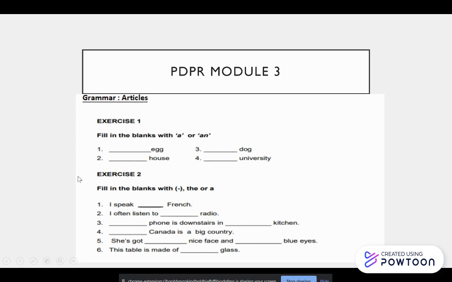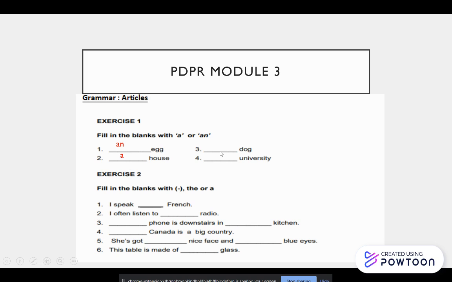So if you see here, it starts with a vowel, right? So what do you think is the answer? Yes, it's an egg. All right. So here it starts with a consonant for number 2. So what do you think is the answer? A house.